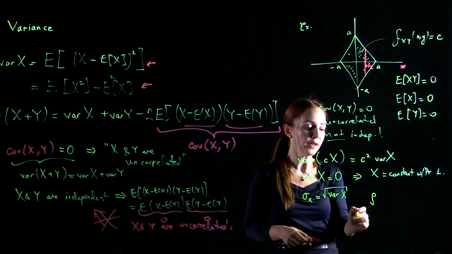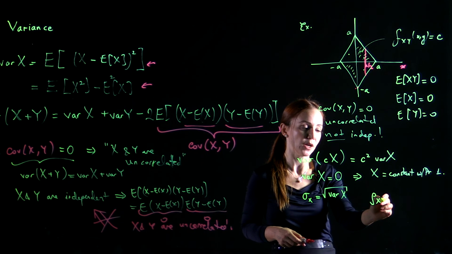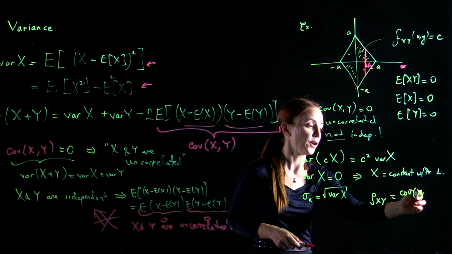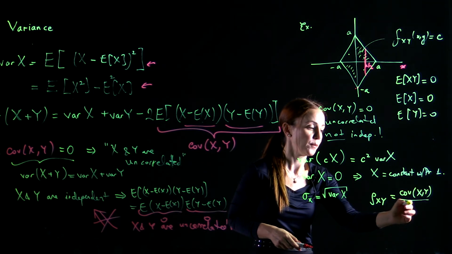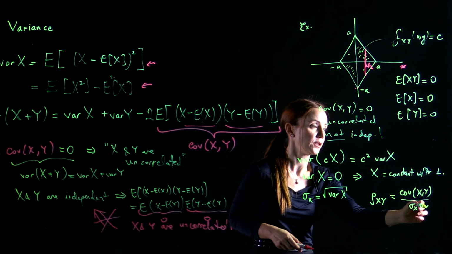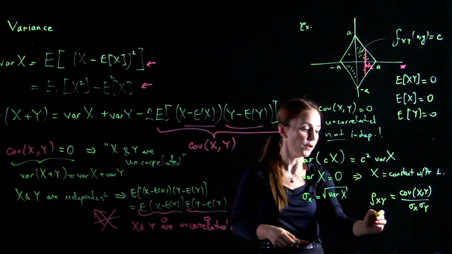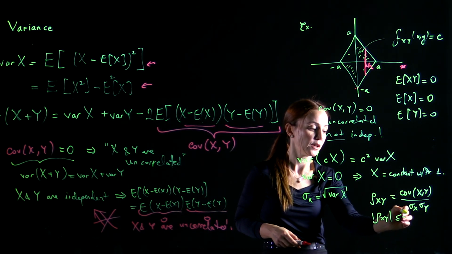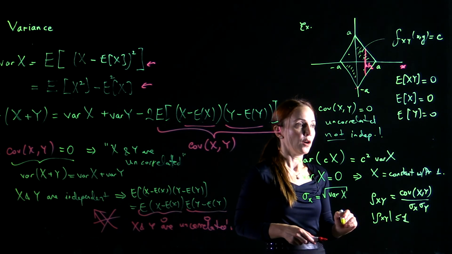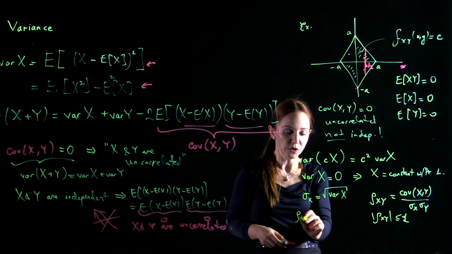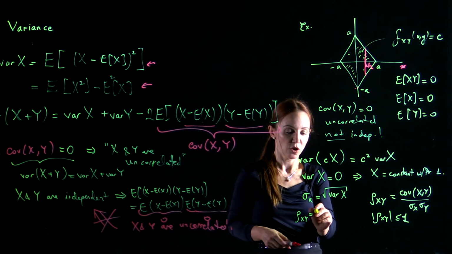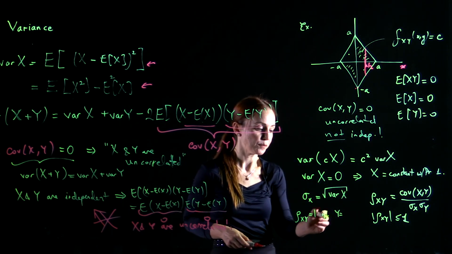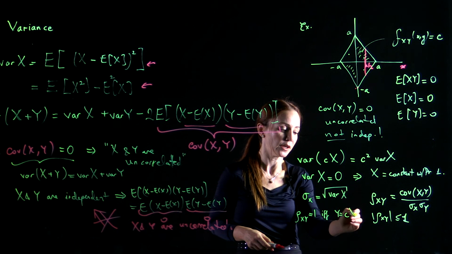And we define a correlation coefficient for two random variables X and Y as the covariance of the random variables normalized by the product of the standard deviations of the random variables. And this always lives between negative 1 and positive 1. And the correlation coefficient of two random variables is 1 if and only if one random variable is obtained by a linear scaling of the other.